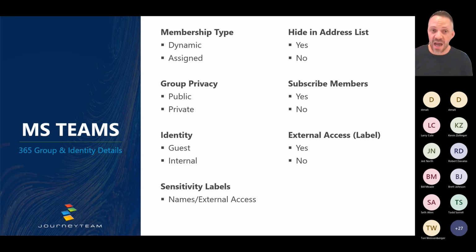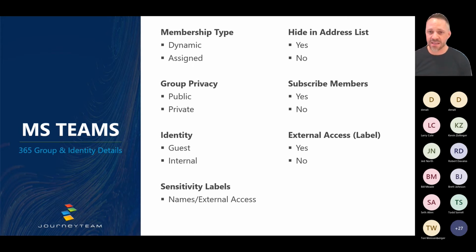So the option assigned is the owner of that team or that 365 group manages the permission set. Now, if you guys haven't already figured this out, this is kind of Microsoft's approach here. Let the business manage themselves. I don't know ultimately if some employee should have access to some committee, right? Let them figure that out on their own. We can have a committee chair that manages the permissions.